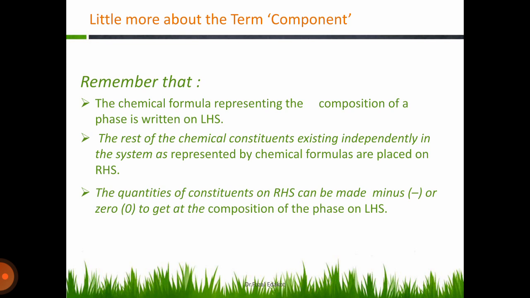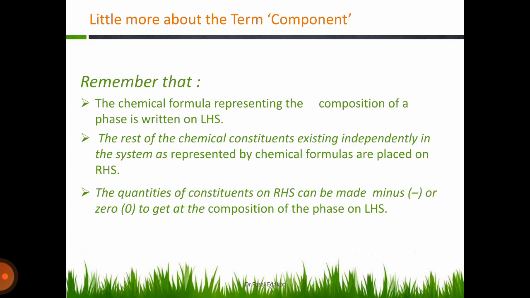The quantities of the constituents on the right, what you write on the right hand side, can be made minus, so that one will get subtracted from the other, or we can make the contribution of one substance zero, nullified. That is possible.